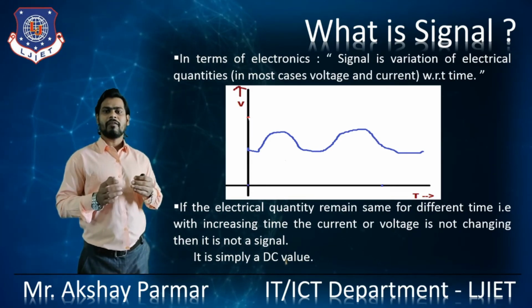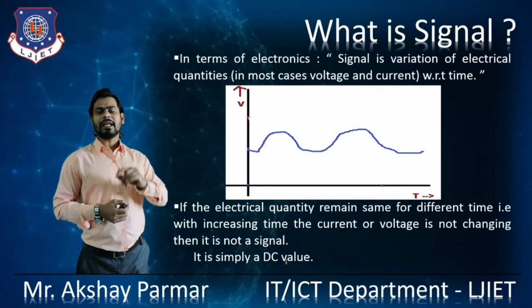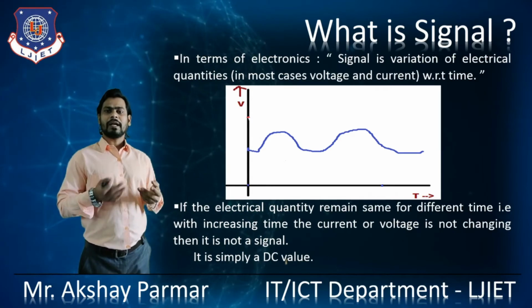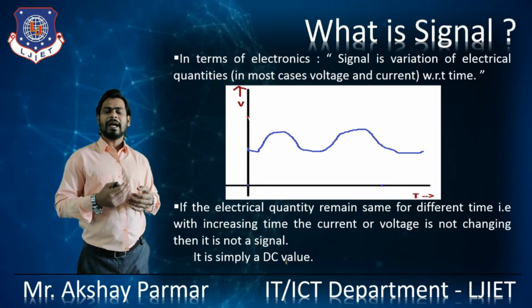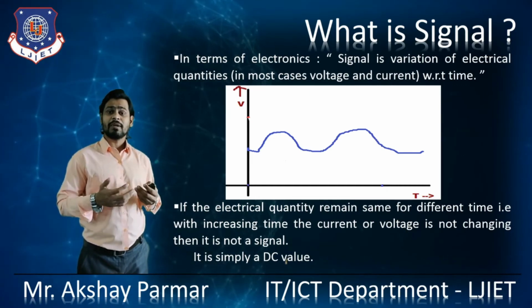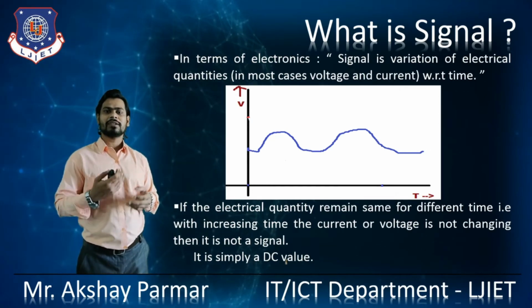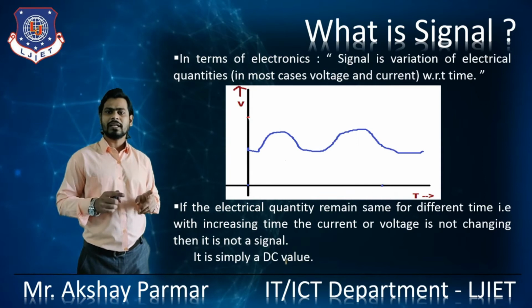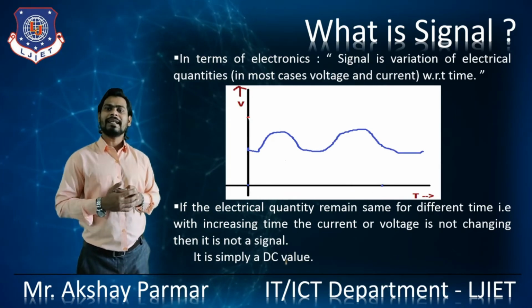If the electrical quantity remains the same for different times, we will get one single flat line, right? For example, if with increasing time the current or voltage is not changing, then it is not a signal. It is simply a direct current value. We can say that it is a DC value.